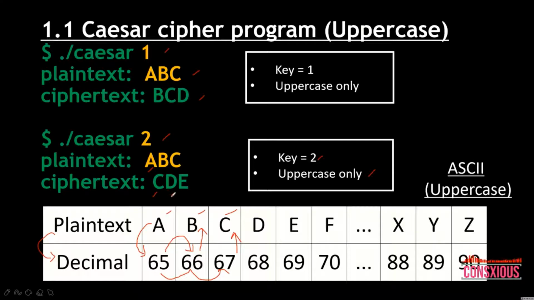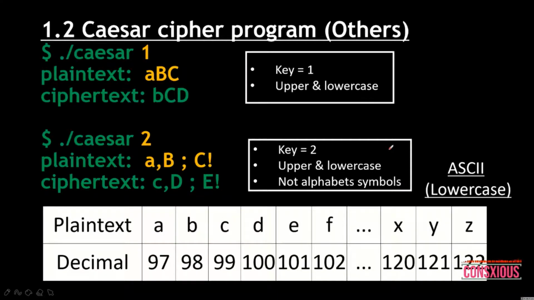So we convert into the ciphertext CDE with the key number 2. This is the uppercase.